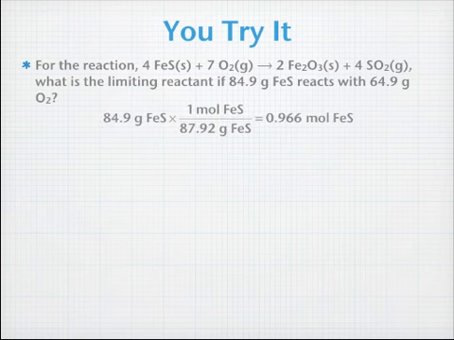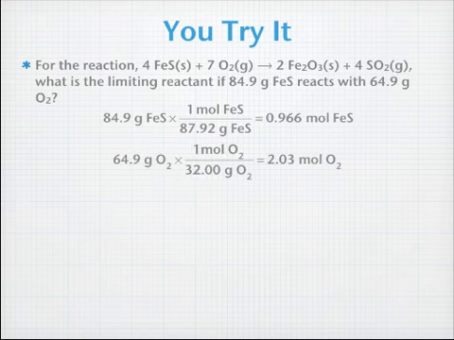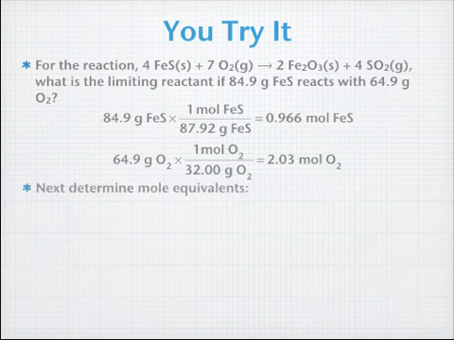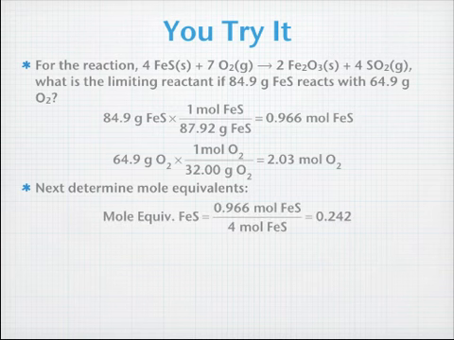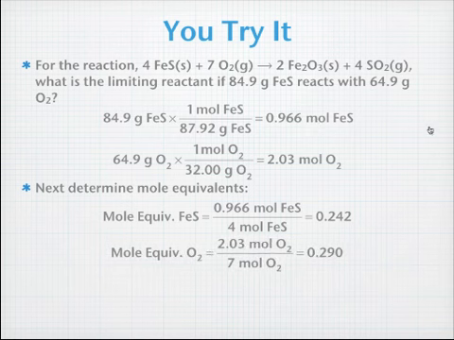Take the 84.9 grams of FeS, divide it by the molar mass of FeS, and you get 0.966 moles. 64.9 grams of oxygen gives 2.03 moles of oxygen. Let's determine the mole equivalents. Take the 0.966 moles of FeS and divide it by 4 moles of FeS from the balanced chemical equation.